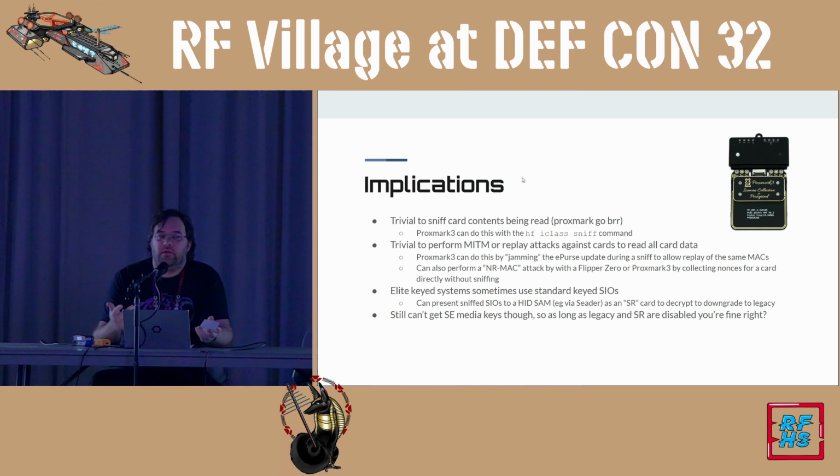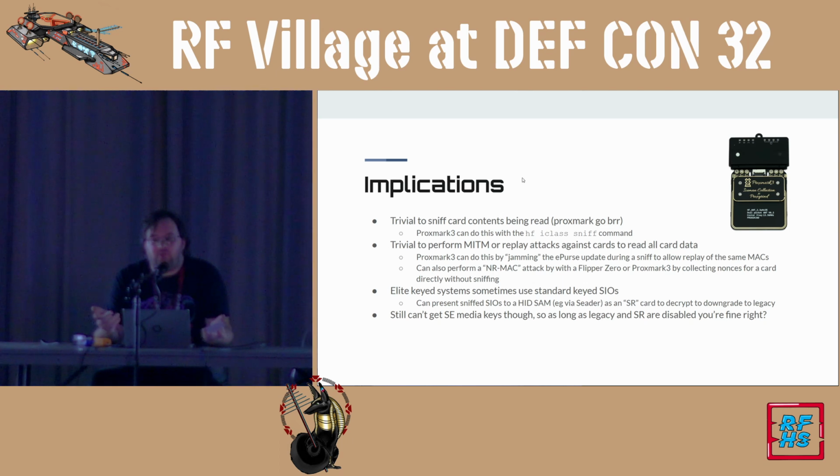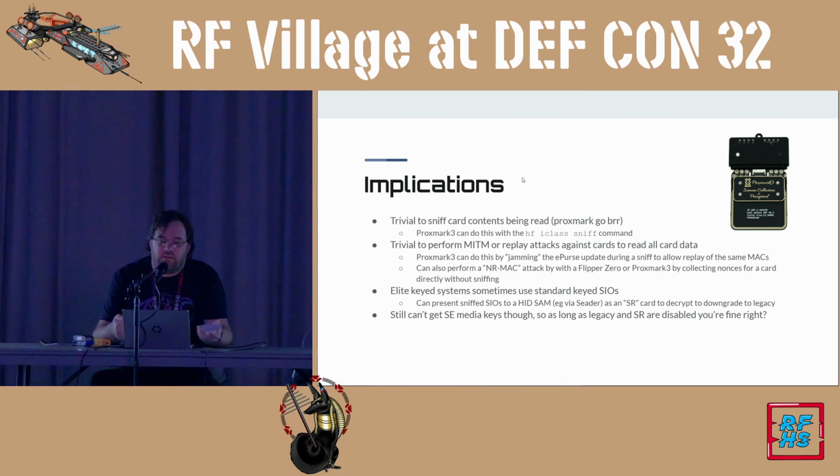So now we've got the plaintext PACS data again. And again, though, you've disabled SR and legacy on your readers, right? So hopefully that's not a problem. You know the card number, the facility number, the format, but you still haven't copied the card. It'd let you do a downgrade, which ain't great, but it's not too bad.